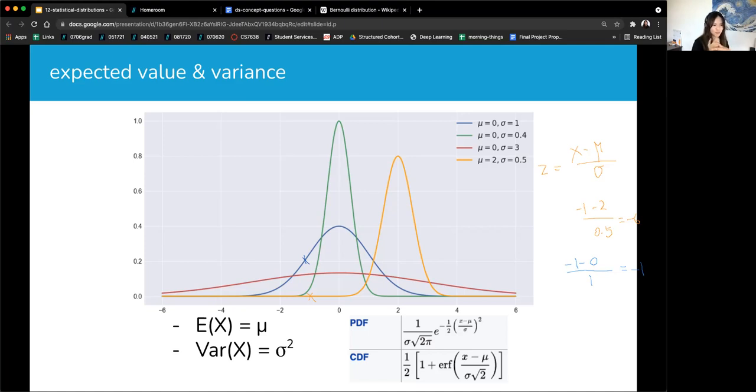A Z-score is also helpful to put into perspective how far away that particular score is from the mean. Another way to interpret it is that the Z-score is literally the number of standard deviations you are away from the mean. It happens that this blue one is a standard normal distribution as well.